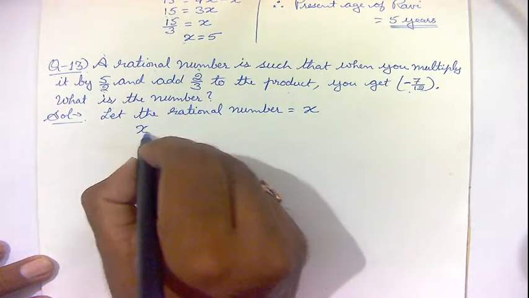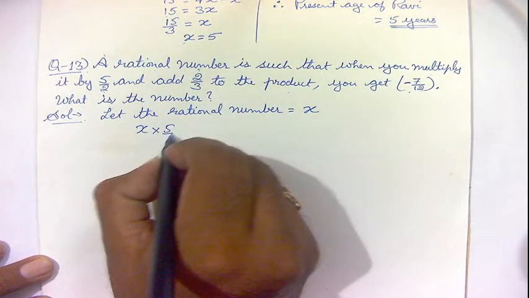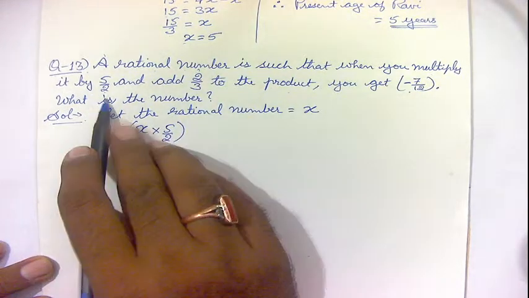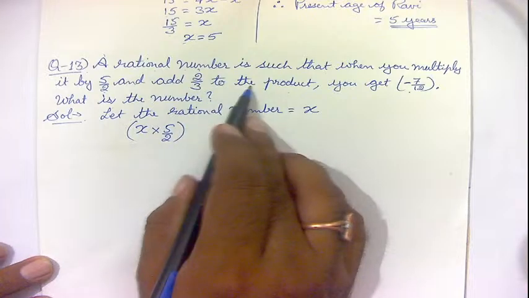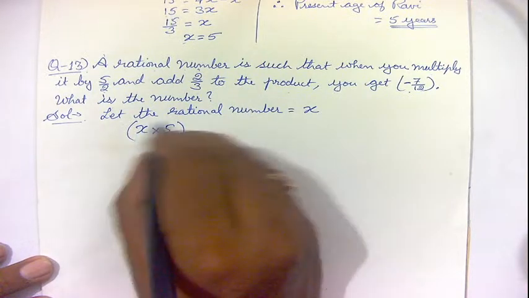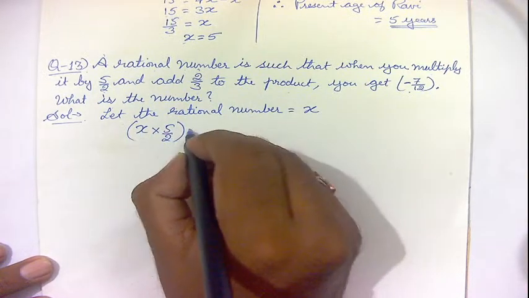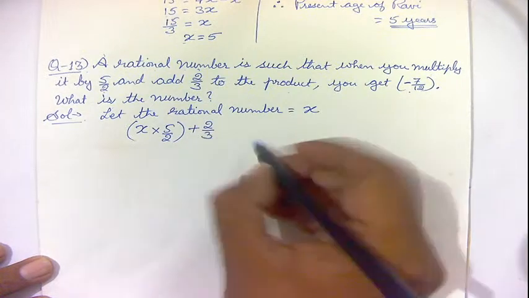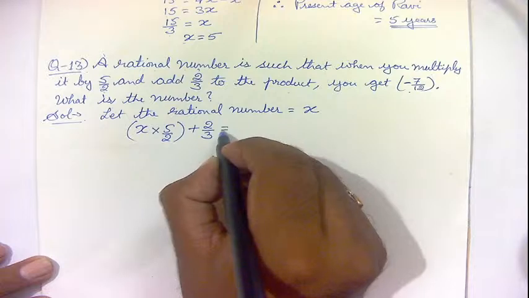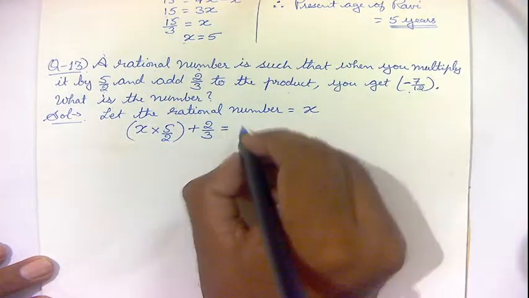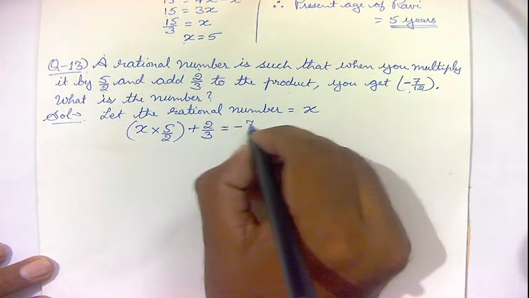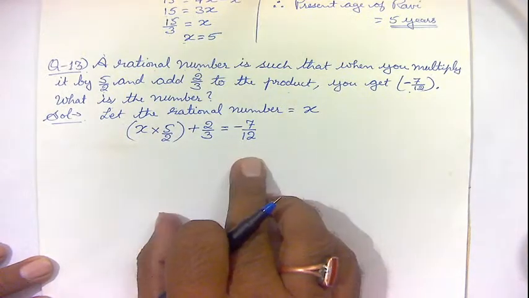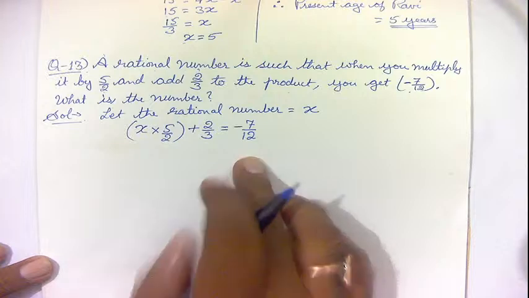So this X, you are going to multiply it with 5 upon 2 and you have to add 2 upon 3 to the product. Now this is the product which you get, X multiply 5 upon 2. And in this product you are going to add 2 upon 3. If you add 2 upon 3, you get minus 7 upon 12. So we get the result as minus 7 upon 12.